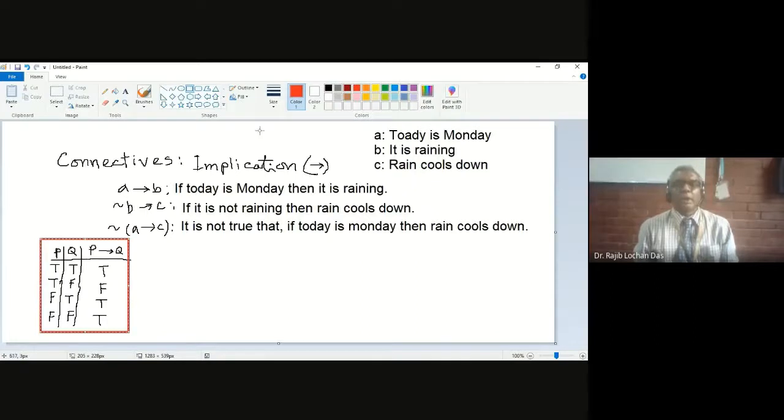Now the point is, try to figure out what happens with real life examples. We have some examples here, like today is Monday, it is raining, rain cools down. Now try to relate the situation here with the given examples.